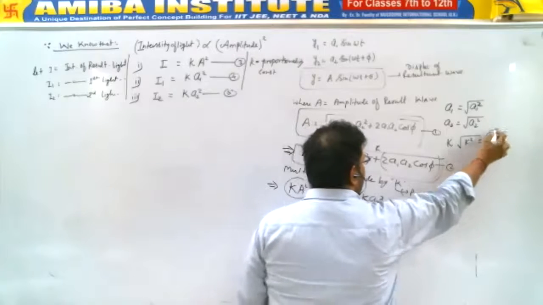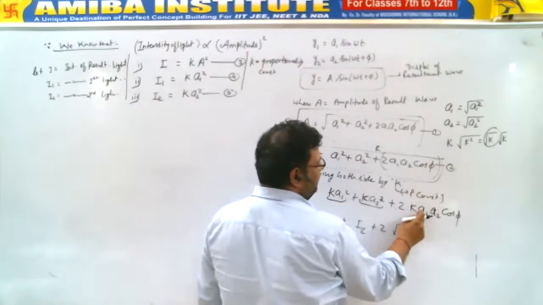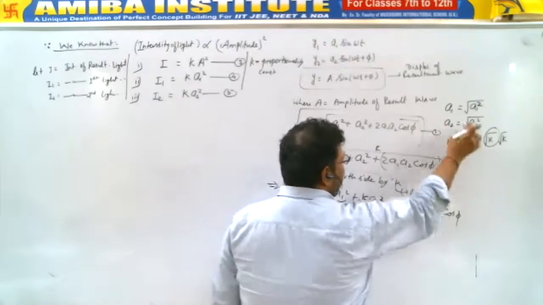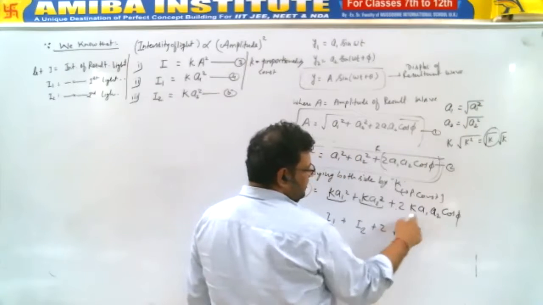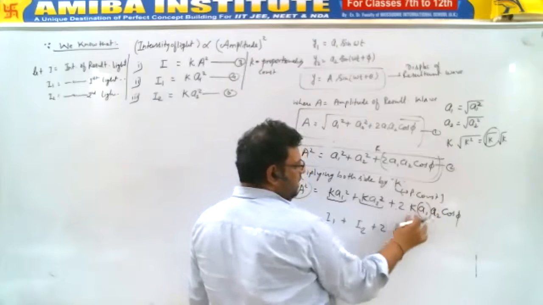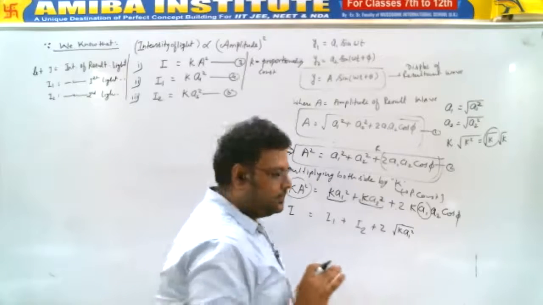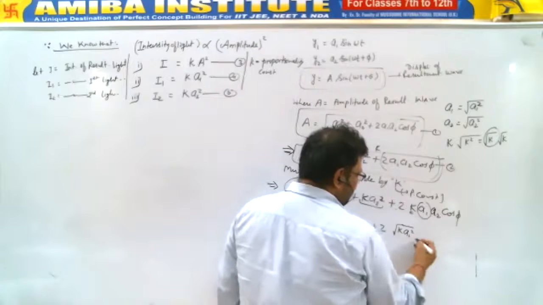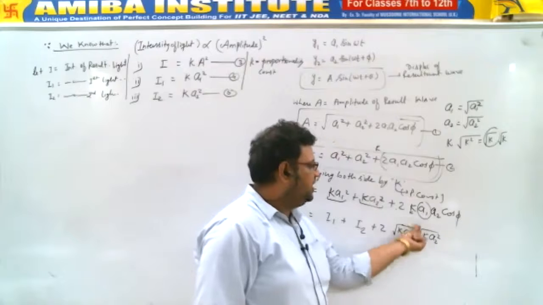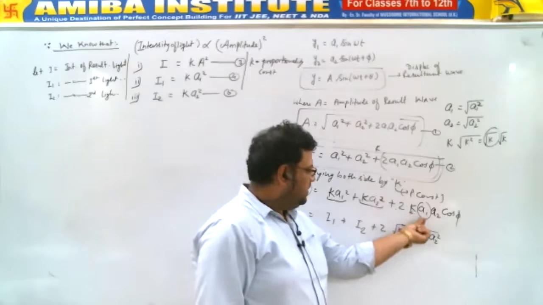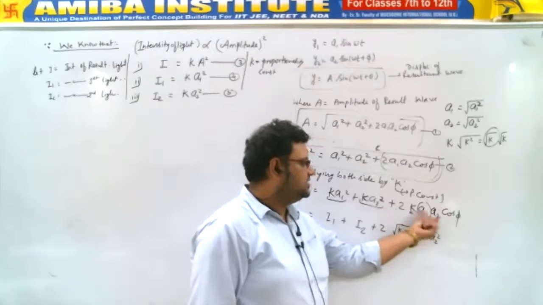I'm using one of the K's, root K, and A1 as under root A1 square. See, under root A1 square gives you this A1 only. Till now there is no objection, right? Everything is going fine. A2 and K, I have written like this: root K into root K gives K, under root A1 square gives A1, and under root A2 square gives A2.